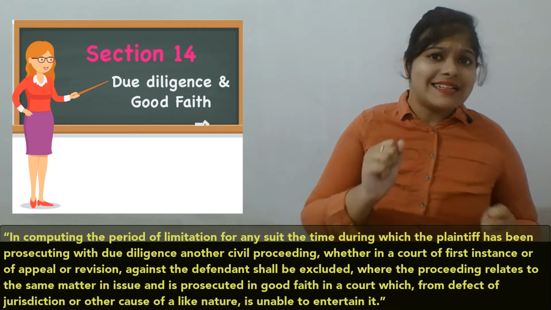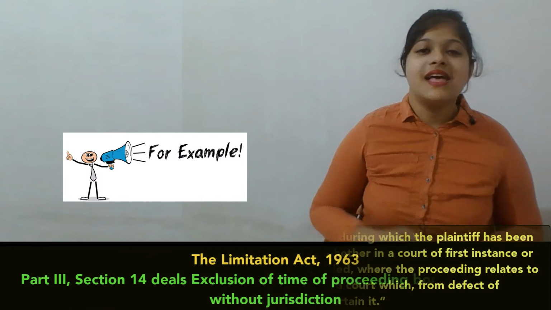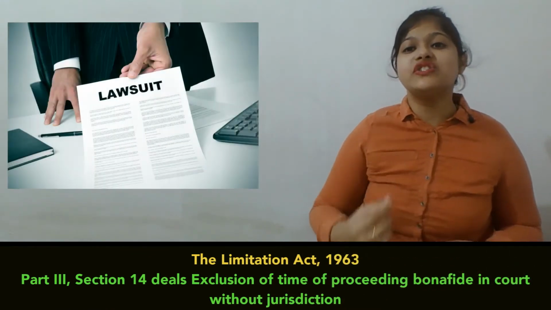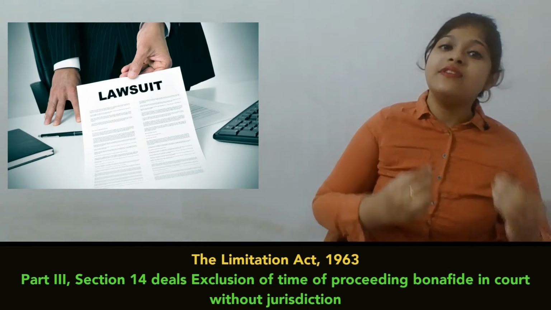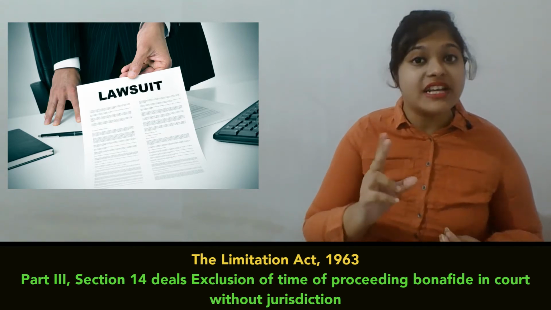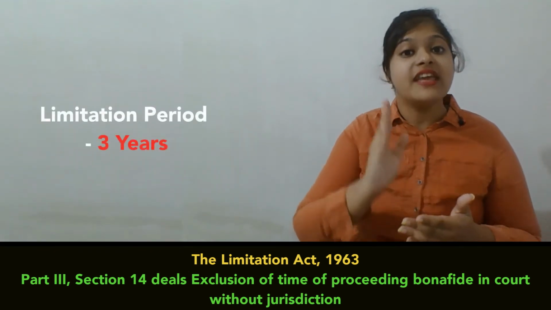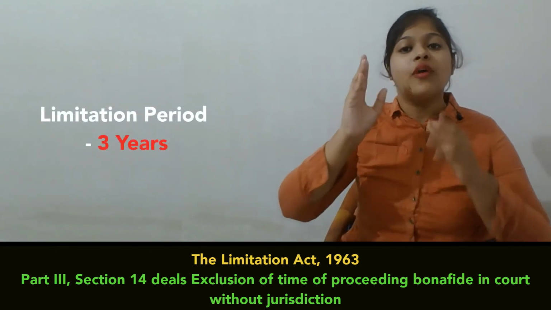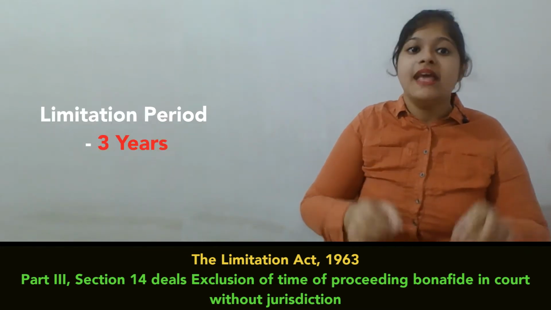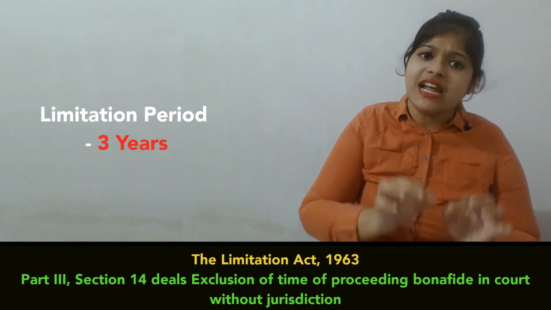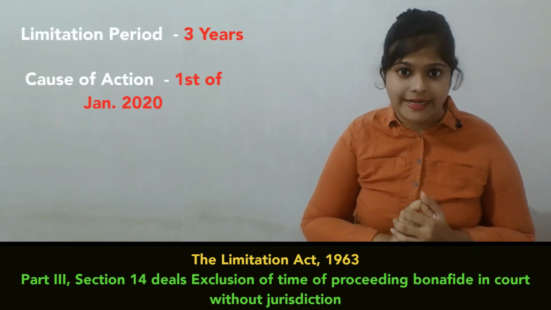So, let's understand it with an example so that there is no confusion. Suppose a partition suit needs to be filed. To file a civil partition suit, the prescribed limitation period is 3 years from the date on which the right to sue arises. Suppose the cause of action arises on 1st of January 2020.